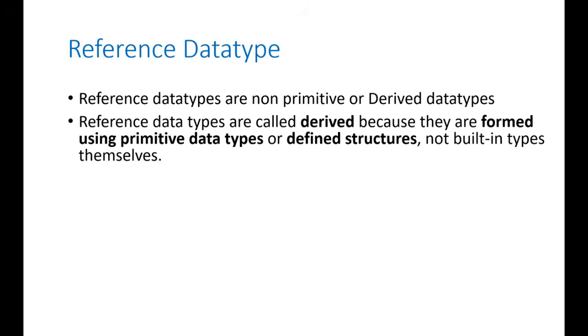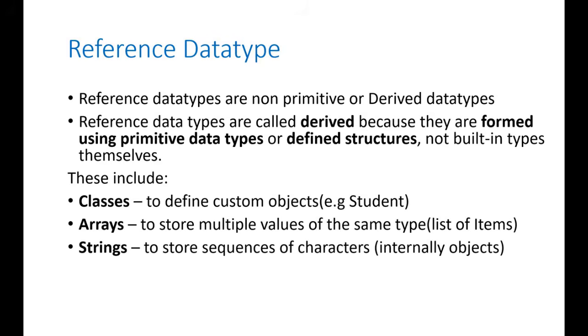When we discuss reference data types, Java provides three defined structures: classes, arrays, and strings. Classes are created in order to customize an entity, so that we can group together information of a single student or a book or any real world object in a single structure.